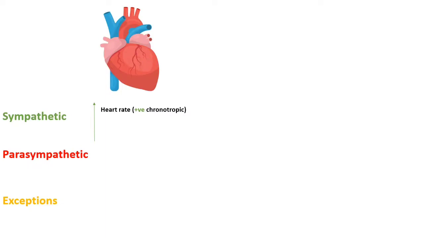Chrono means something related to time, and heart rate is beats per minute, so it's number of beats per time. So increasing the heart rate or beats of the heart per minute is a positive chronotropic effect, okay? Not only the rate of the heart should increase, but also the strength of the beat.